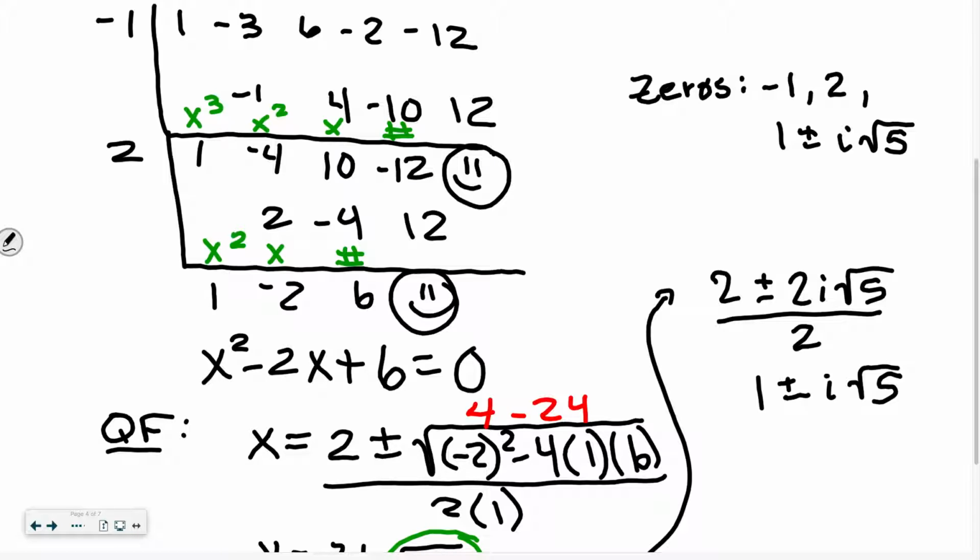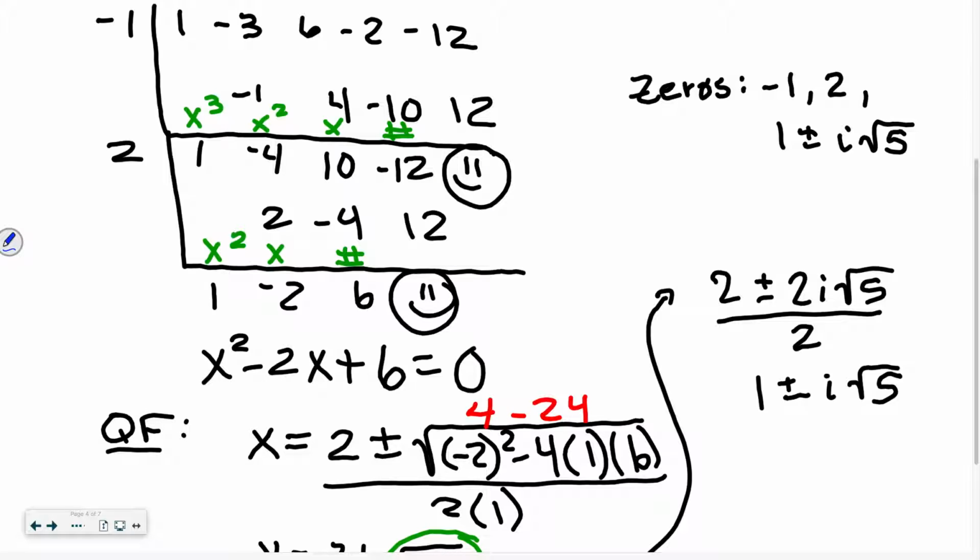Okay. You guys got any questions for me? So we had 2 plus or minus the square root of -20, which we said we could take out an i, and then we simplified the square root of 20 as square root of 4 times square root of 5, so that's where I got 2i square root of 5.